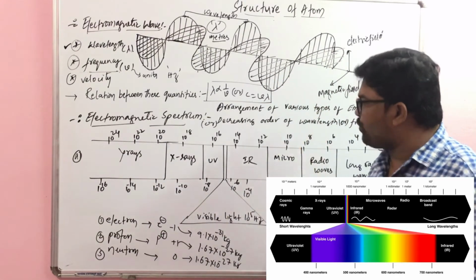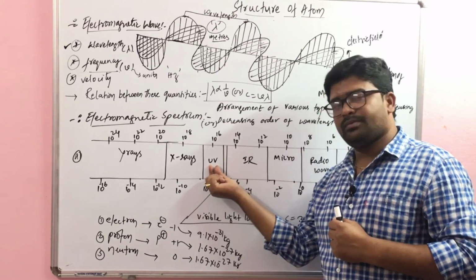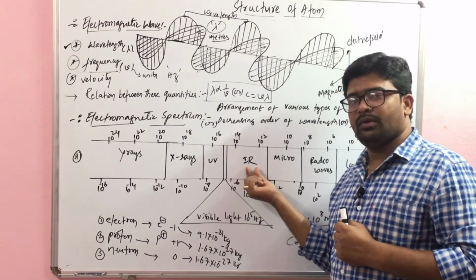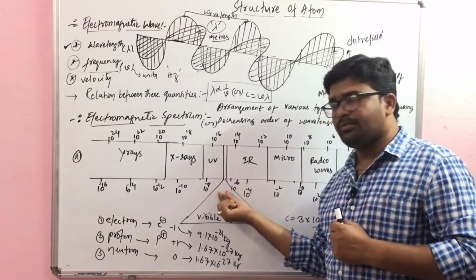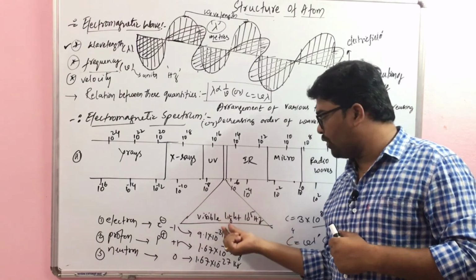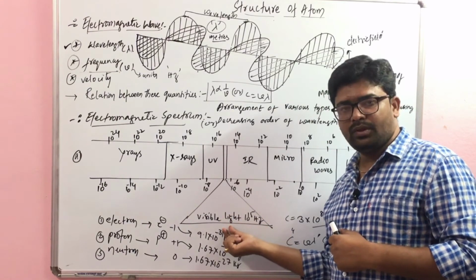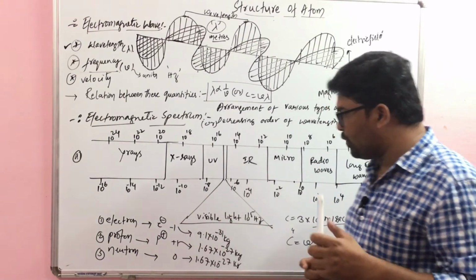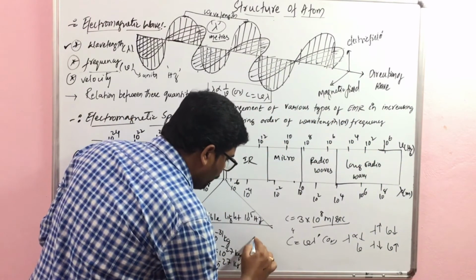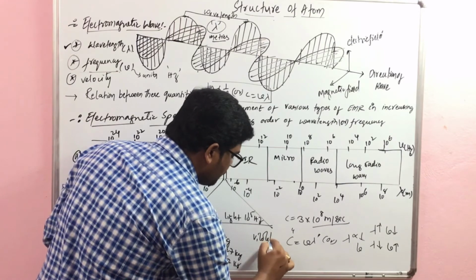In between ultraviolet rays and infrared rays, there is a light ray which is sensitive to the human eye, that we call visible light. This visible light also has a range, from violet to red.